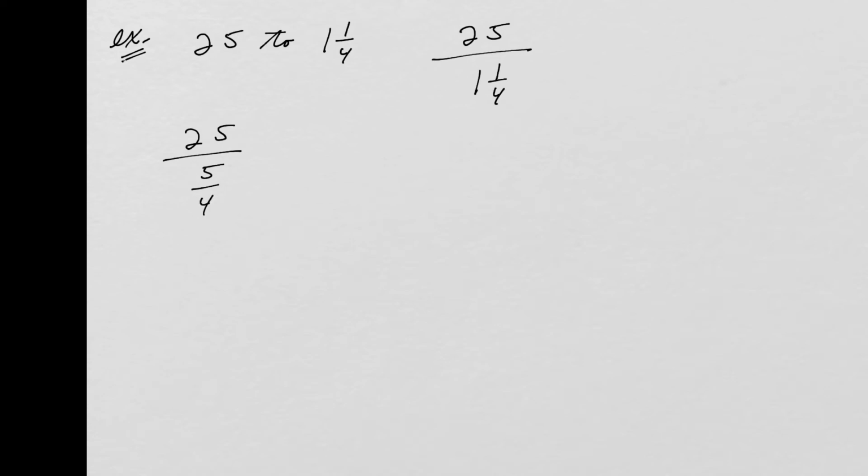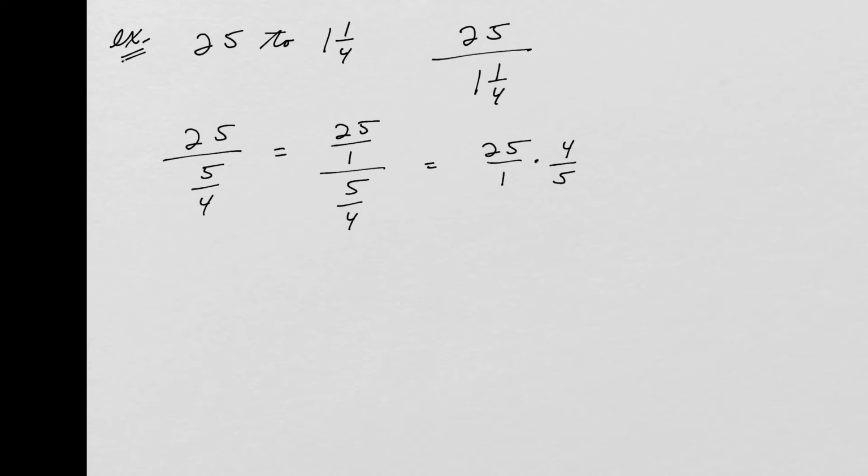And then you can think of this as 25 over 1, since any whole number you can put over 1 to rewrite it as a fraction, divided by 5/4. But remember, to divide, it's going to be 25 over 1 times the reciprocal. We have to flip the divisor.